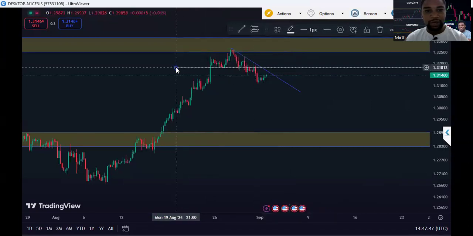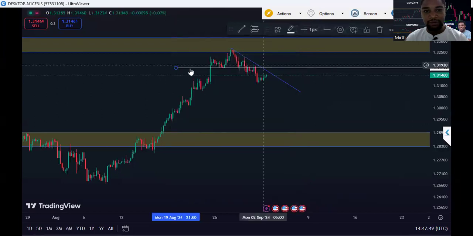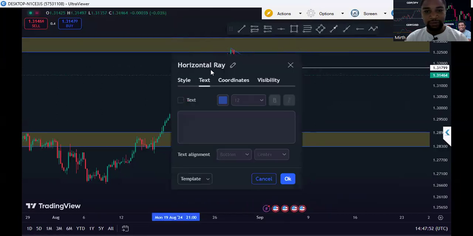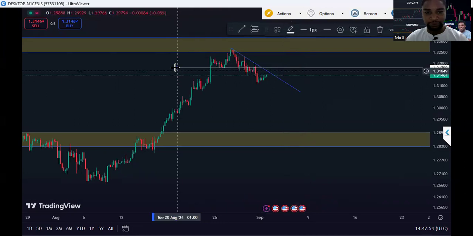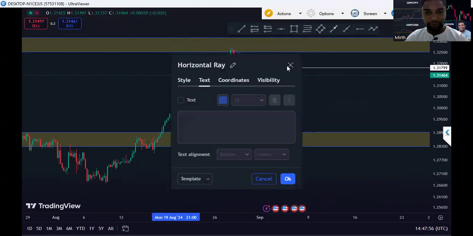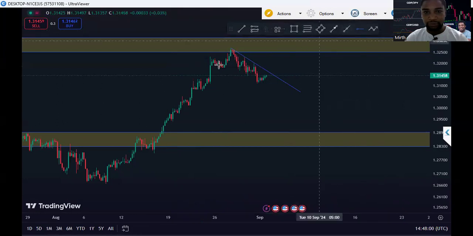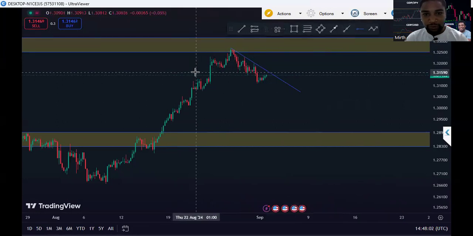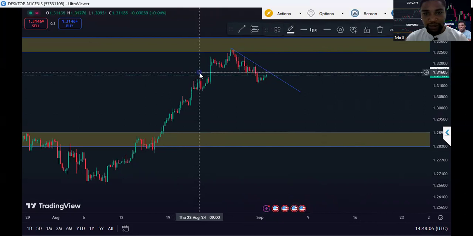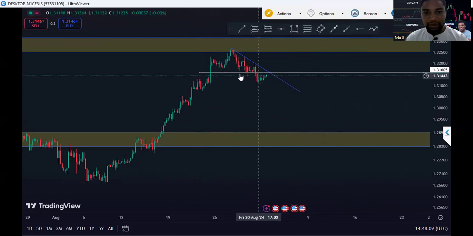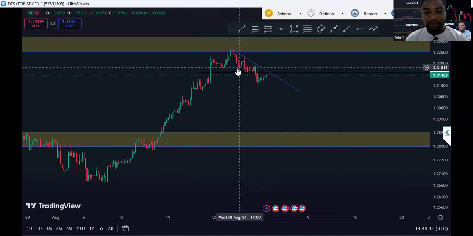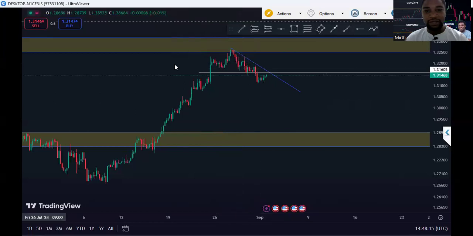Just for a moment, okay? I'll put it here at this area because this is also a retest of structure at this area. You see, this is an inverse head and shoulder pattern.